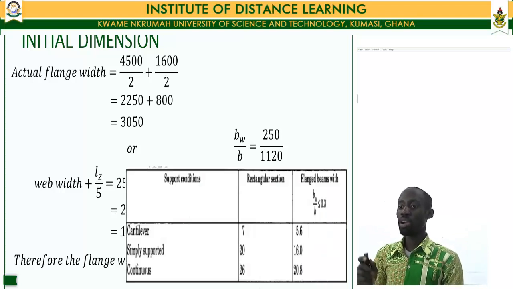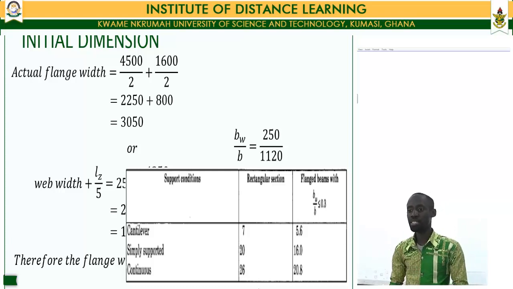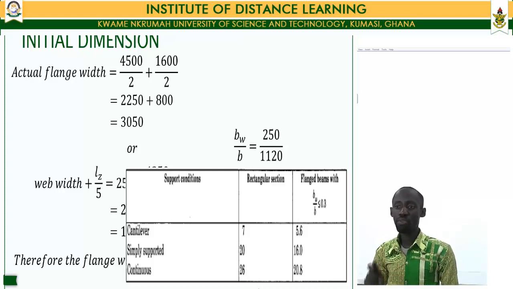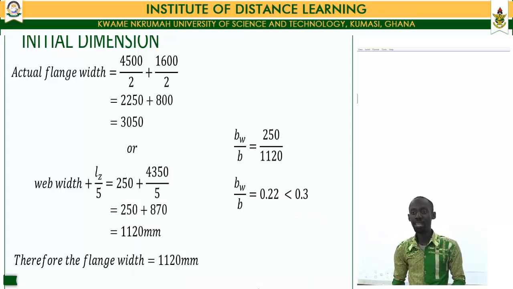Now from the table that we use for our deflection check, the table that we used for our span to depth limits, in order for us to use the values within that table for a flanged beam, the ratio of our web width to our flange width is supposed to be less than 0.3.